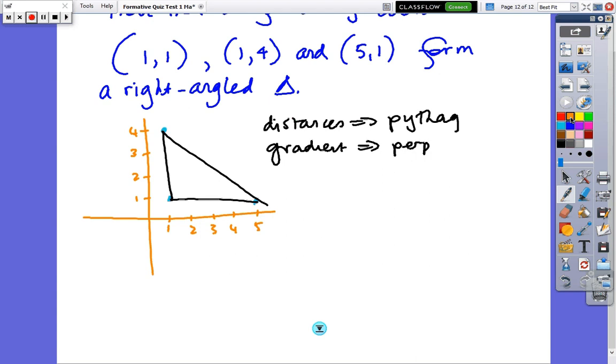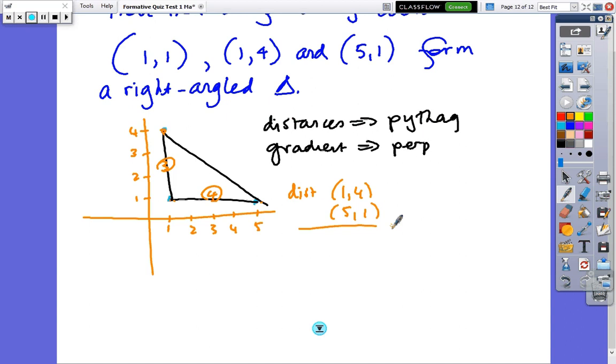You know, like this distance from 1 to 5, the distance is 4. From 1 to 4, the distance is 3. And then we don't know there's a right angle, so we'll have to find the distance between (1, 4) and (5, 1).